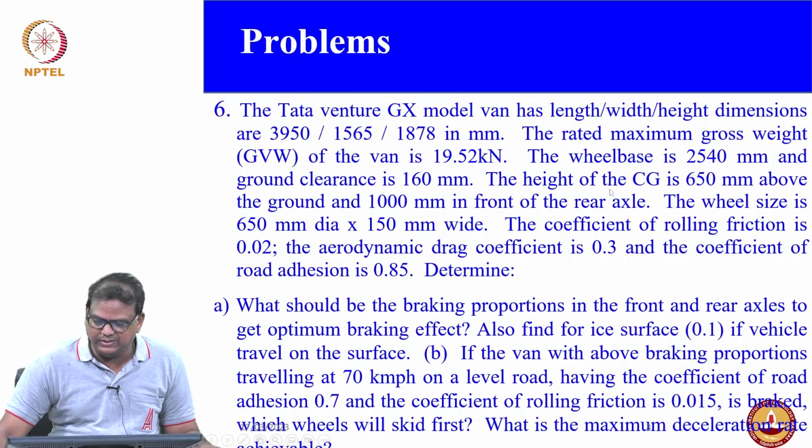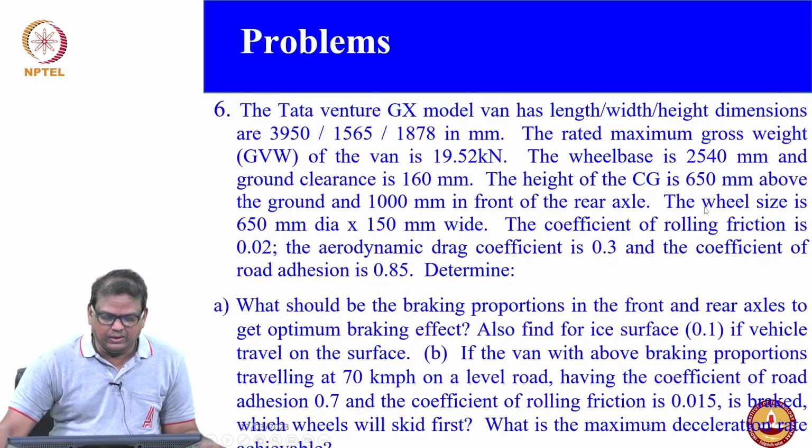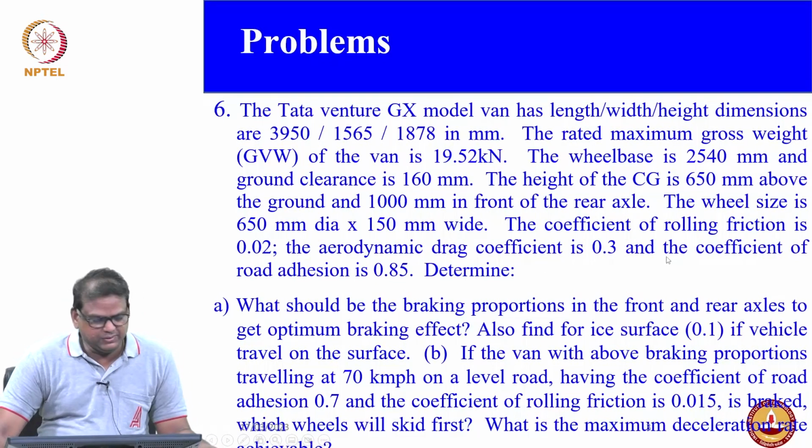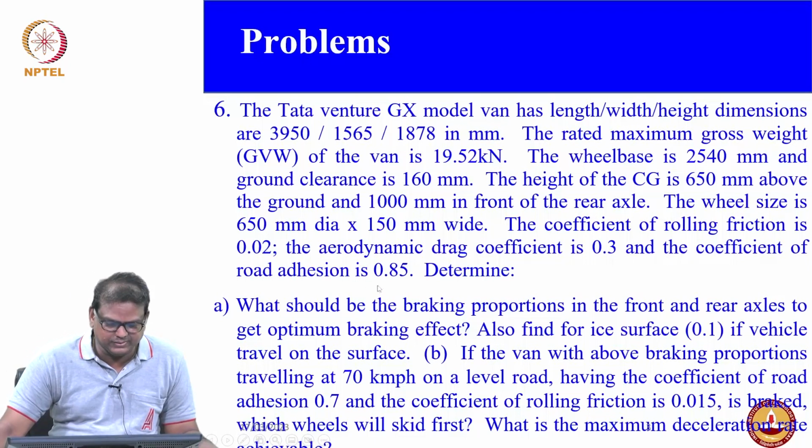The height of the CG, center of gravity, is 650 millimeter above the ground and 1000 millimeter in front of the rear axle. The wheel size is 650 millimeter diameter, 150 millimeter wide. The coefficient of rolling friction is 0.02. The aerodynamic drag coefficient is 0.3 and the coefficient of road adhesion is 0.85.